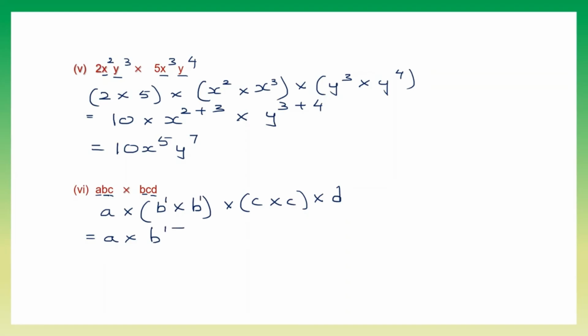So that's 1 plus 1 into C. This 1 here and 1 there. 1 plus 1 and D. We have D also now. So the final answer here will be A, B to the power of 1 plus 1, that's 2. C to the power of 1 plus 1, that's 2. And D. So what's the answer? A, B squared, C squared, D.